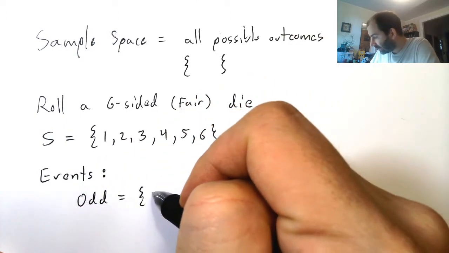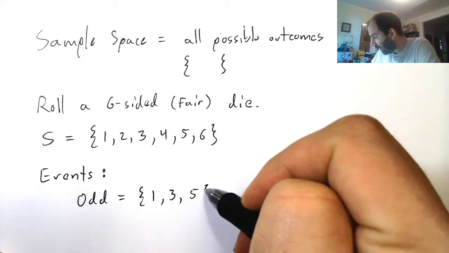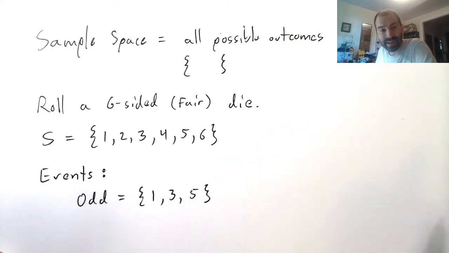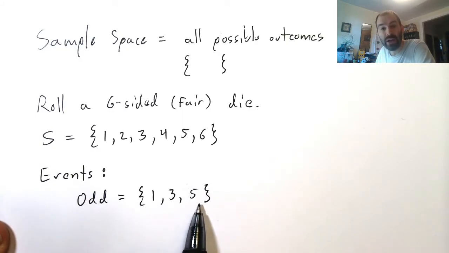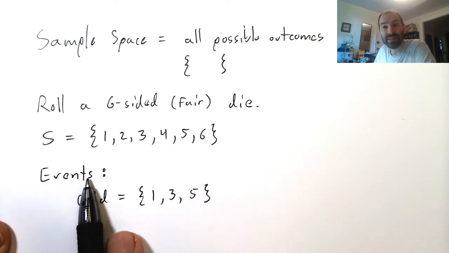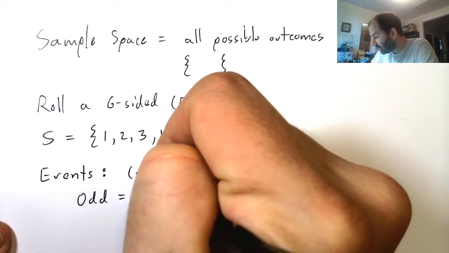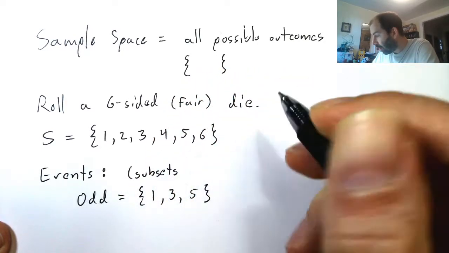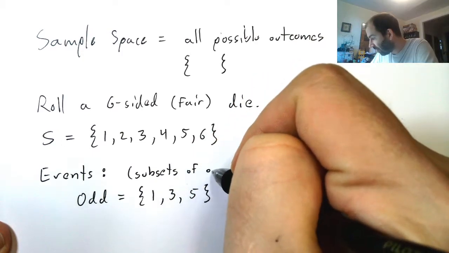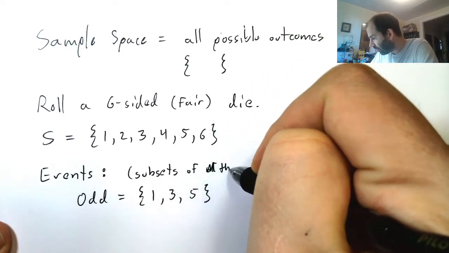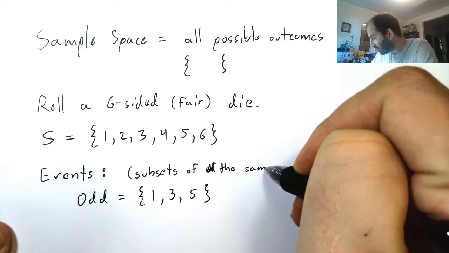I can write that as 1, 3, and 5. Any of those outcomes constitute the odd event occurring. If I roll any one of those things, the roll is odd. So this is what it means to be odd. So the events are going to be subsets, smaller sets that are contained in the sample space, subsets of the sample space.